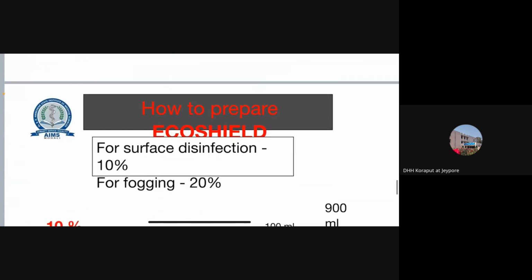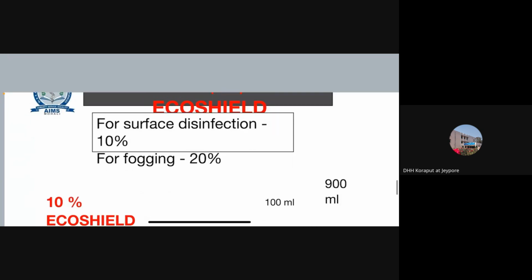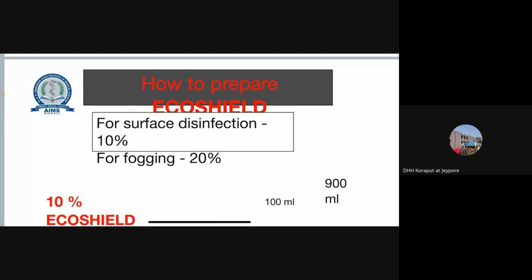Then if you want fogging, like we want OT cleaning, then we need to use a better disinfectant, that is Bacillocid or EcoShield. But being a core member of the infection control team, I always recommend terminal cleaning.